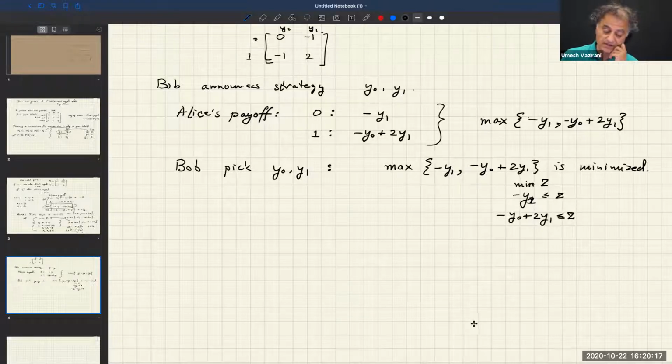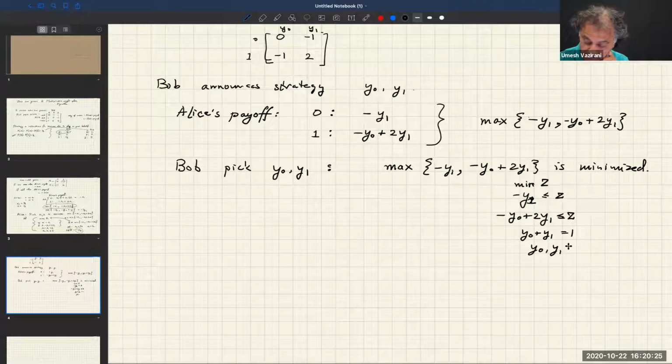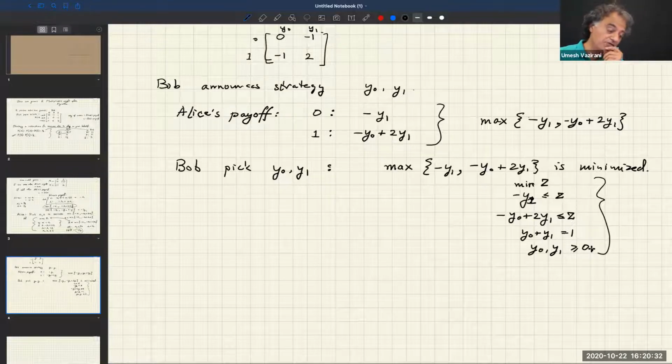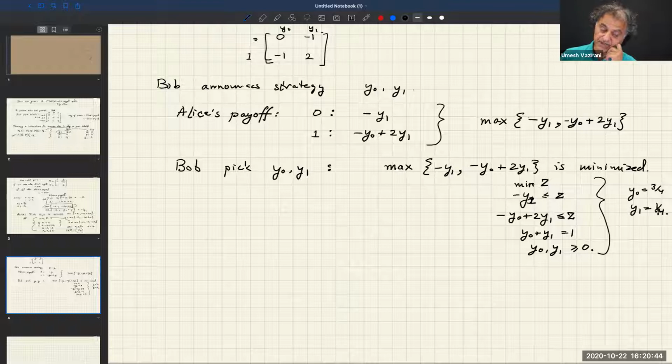Of course, we have the conditions y0 plus y1 equal to 1, y0 and y1 greater than or equal to 0. So that's our LP. And again, if you solve it, you would see that the solution is y0 equal to 3/4 and y1 equal to 1/4, and the payoff again is exactly minus 1/4.